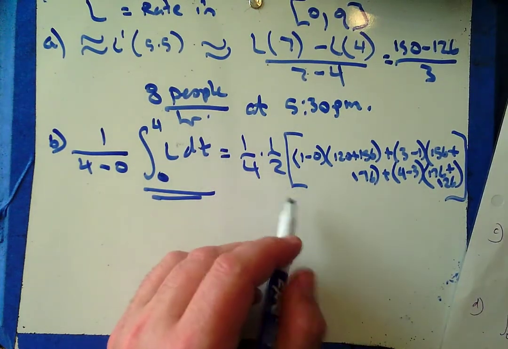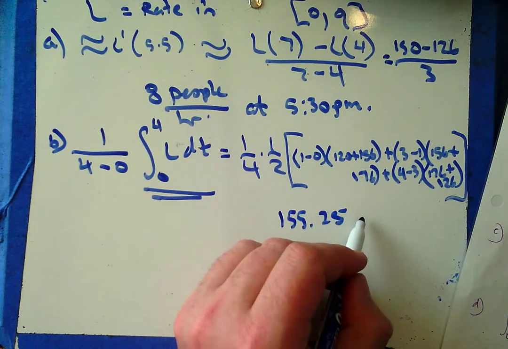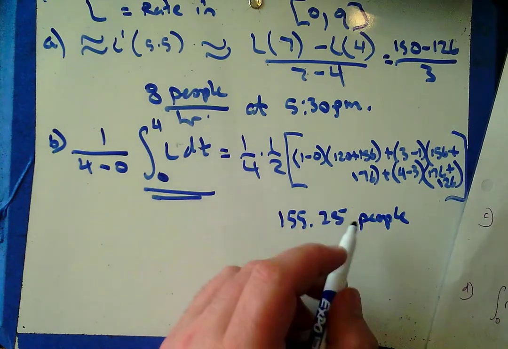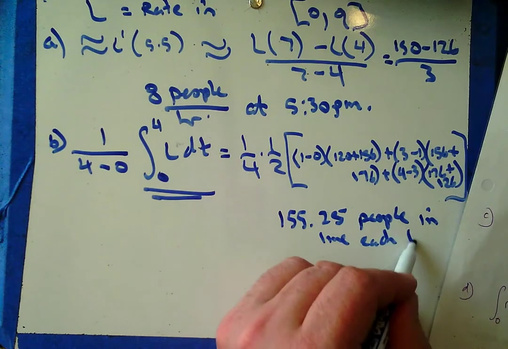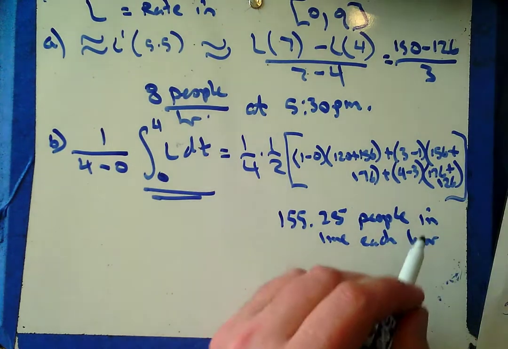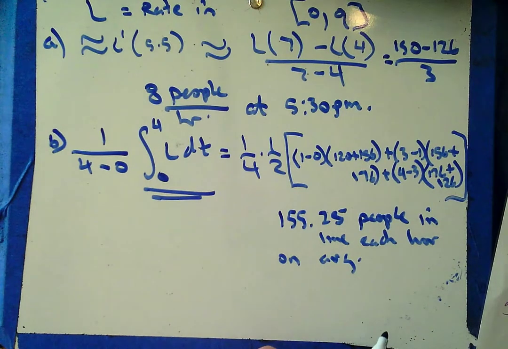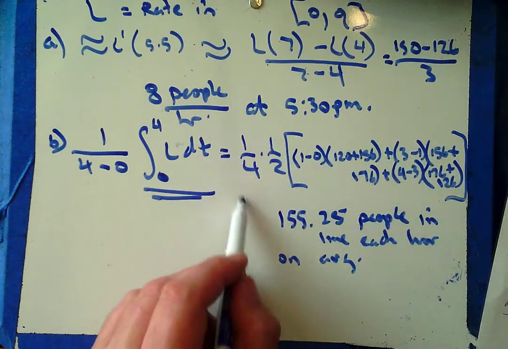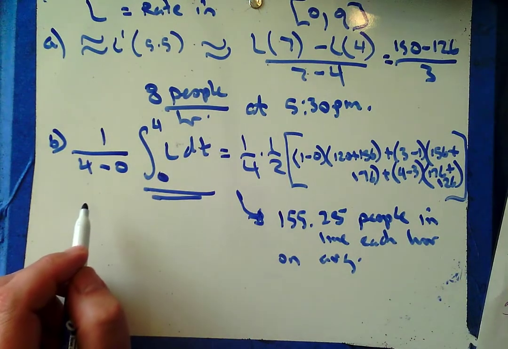This turns out to be 155.25 people in line each hour on average. Okay. I think you could get away with leaving this, but I feel a little more comfortable leaving that. And this is a calculator question.